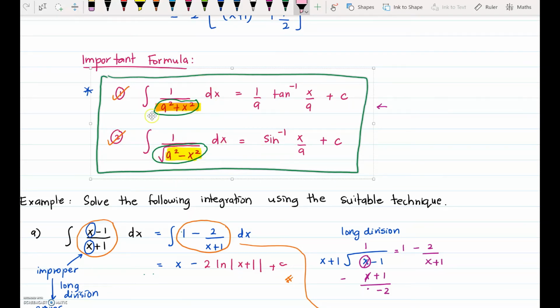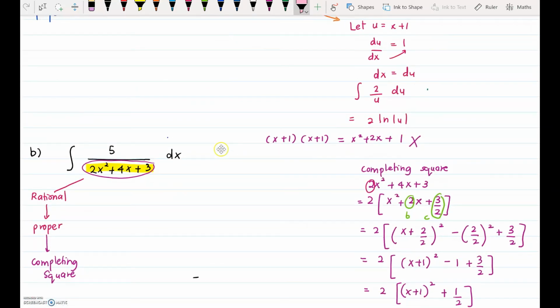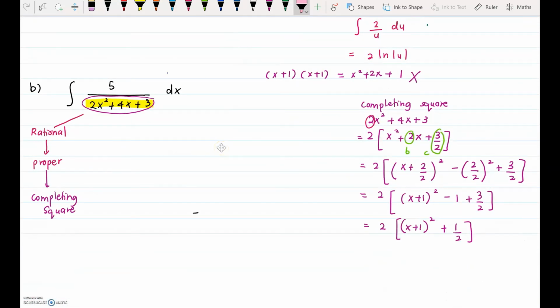So we only have two forms of denominator here. The first one uses tangent inverse, the second one uses sine inverse. Since you don't have any square root there, meaning here we want to write it in the form of a squared plus x squared.